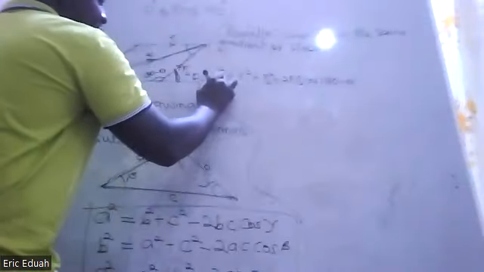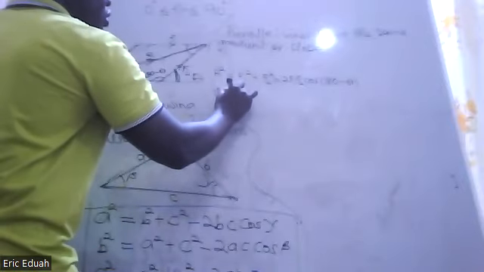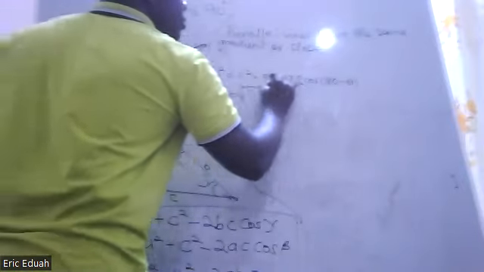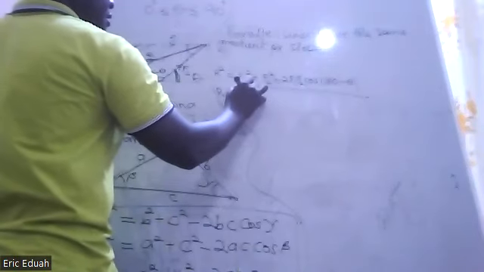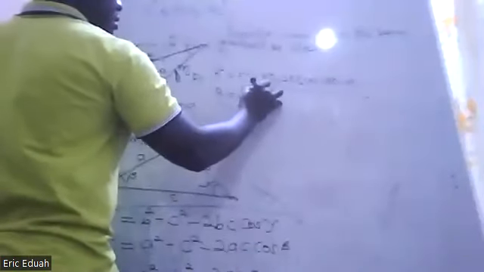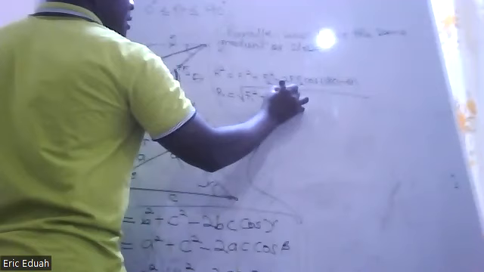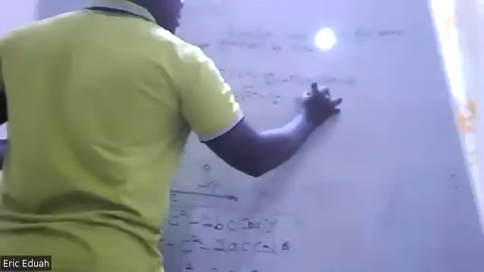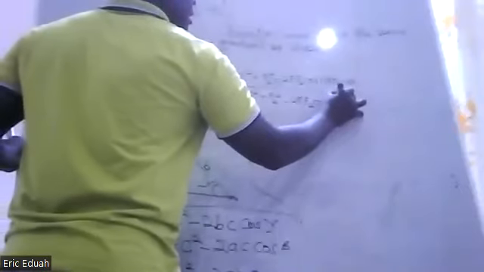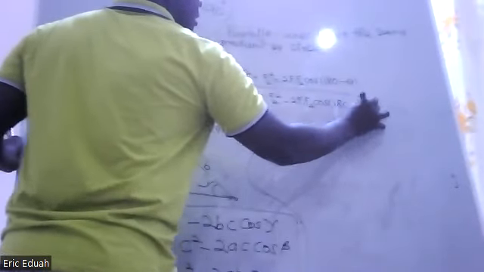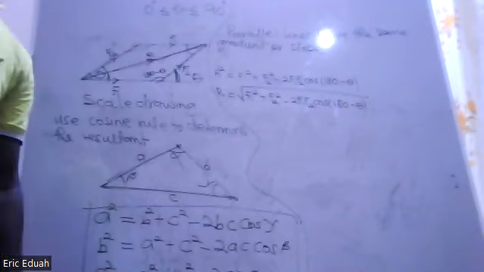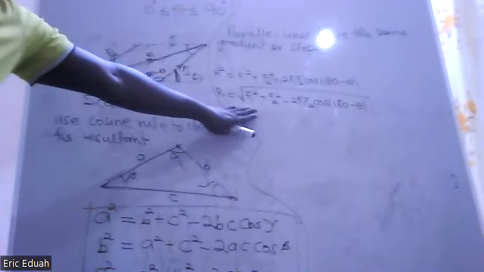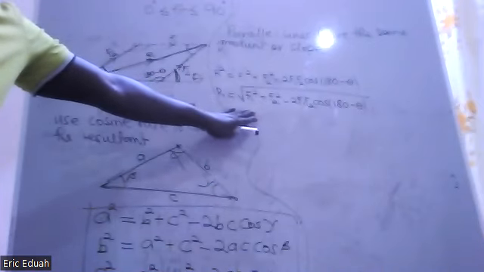So it implies that R, which is the resultant, is equal to the square root of all this. So if the angle is acute, this is how to determine the resultant.